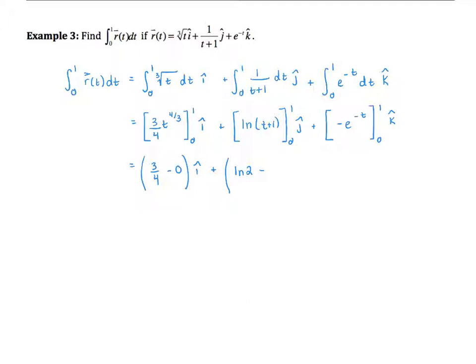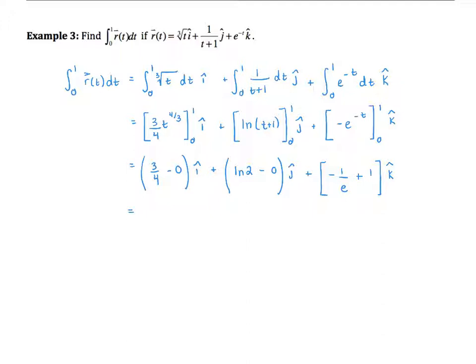So that's minus the natural log of 1, which is also 0. Plus negative e to the negative 1, so negative 1 over e, and then minus a negative, so plus e to the negative 0, 1. And that attaches to the k component. Why I opted for brackets in that last one, couldn't tell you.